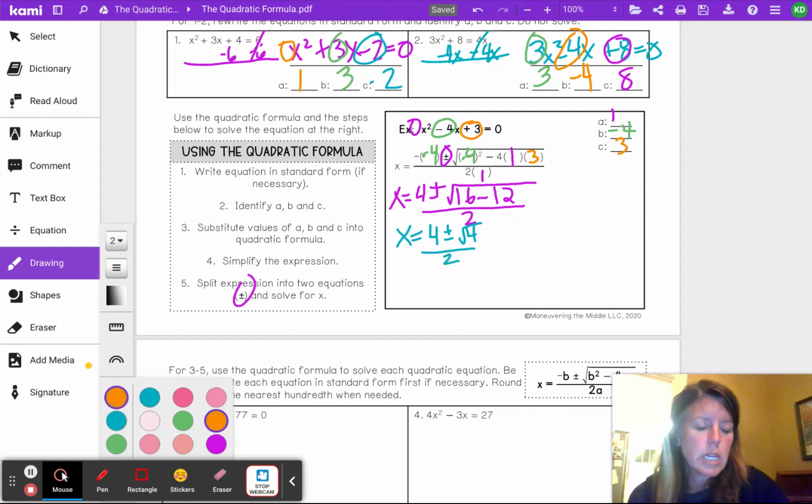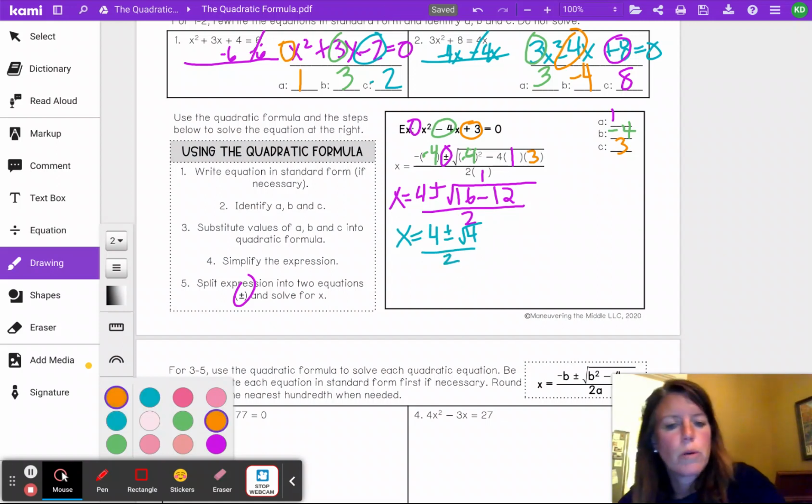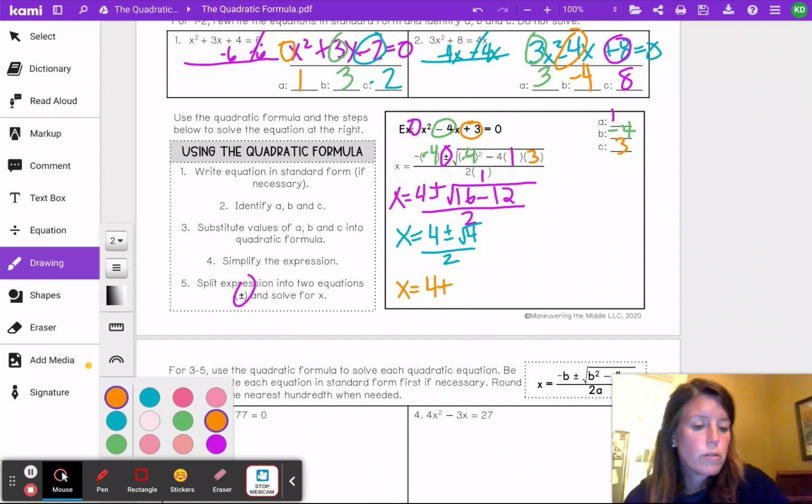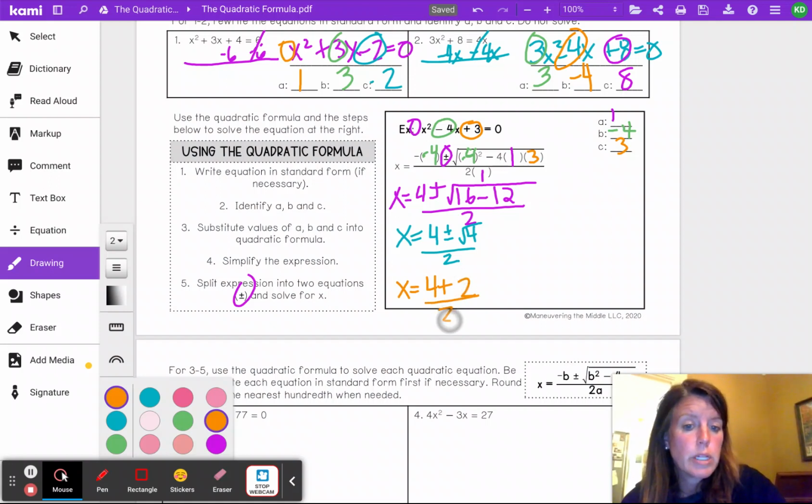So here's where I was saying now we're going to split it up into 2 equations. So x equals 4. I'm going to start with plus. Square root of 4 is 2. And then divided by 2.